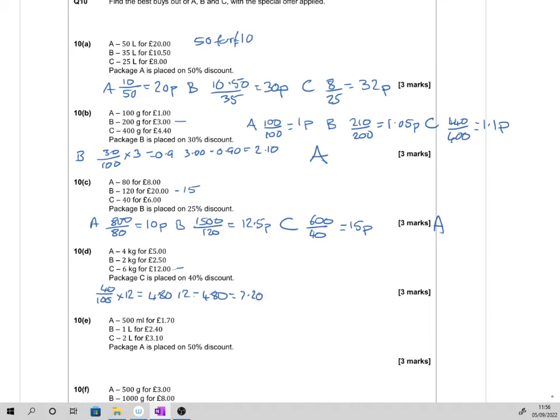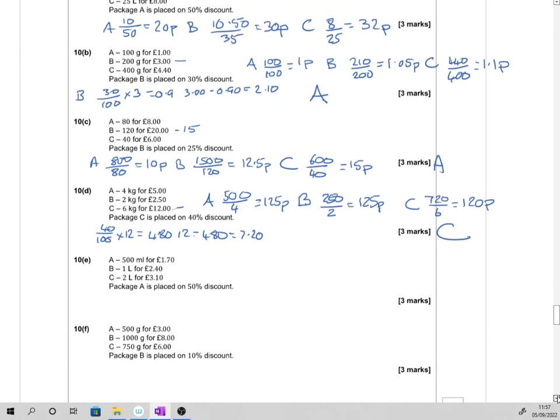Okay, so A is 500 divided by 4, which is 125. B is 250 divided by 2, which is 125. And C is 720 divided by 6, which is 120. So the cheapest one there is C.